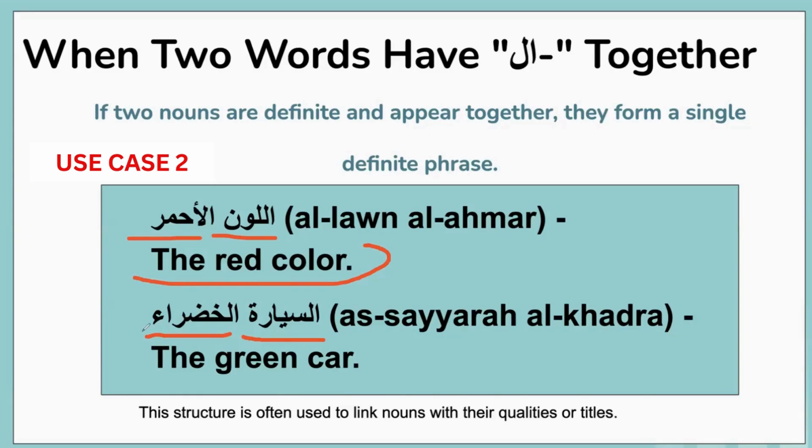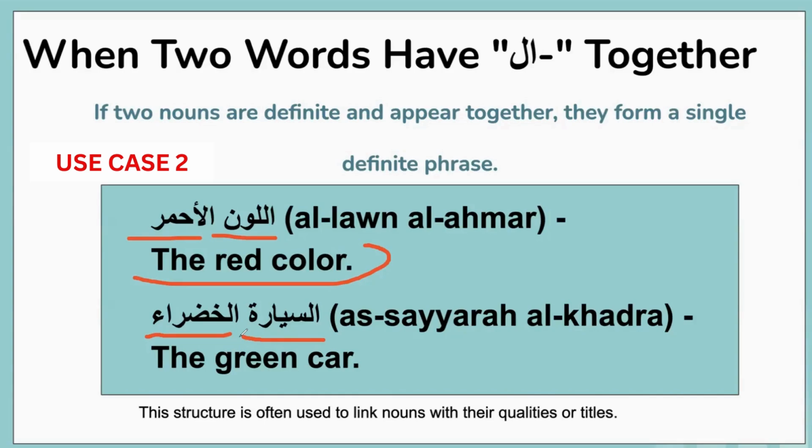Why are we using the feminine form of color green here? Any answer? Why can't we say as-sayyara al-akhdar? The green. Why do we say al-khadra?